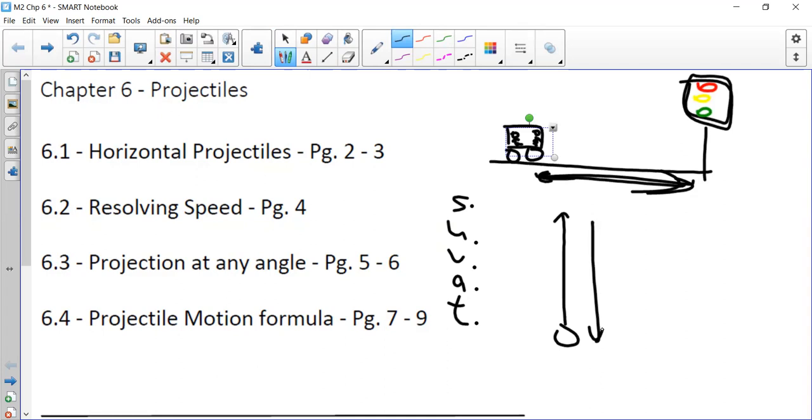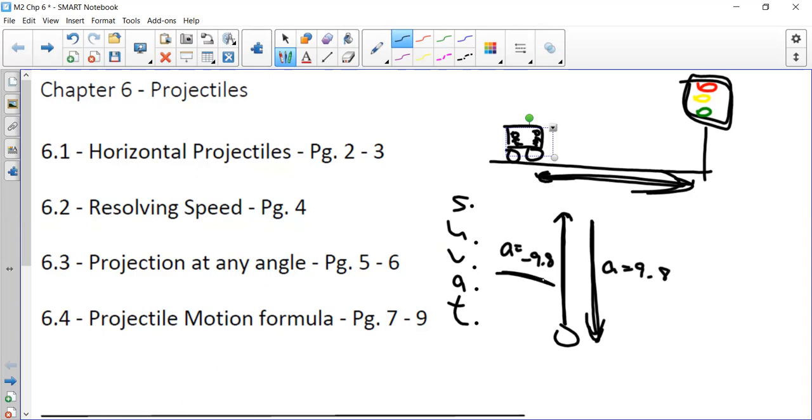Now, with the vertical Suvat projectile, there's two things that you need to know. One, when you go up, the acceleration is negative 9.8, and when you come down, the acceleration is 9.8. If the particle starts from going up and then comes back down, when you use Suvat, you use a equals negative 9.8.